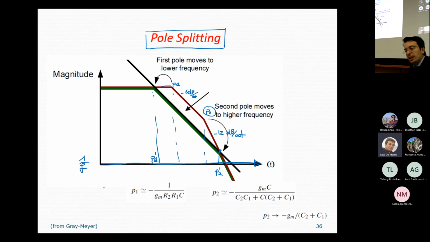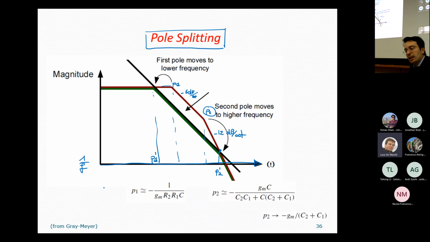The blue case is related to selection of a compensation capacitance equal to 0.1 picofarads. Okay, so in this case, the first pole is here, the second pole here is at this frequency.